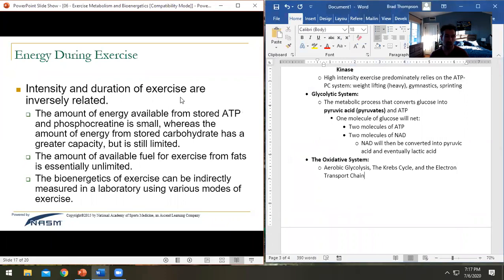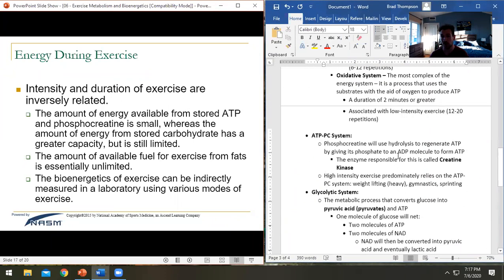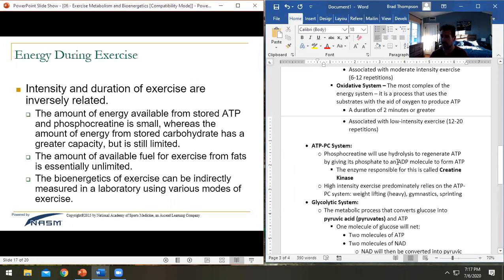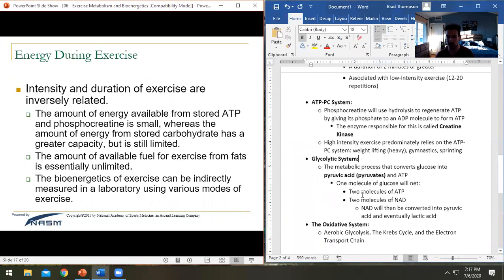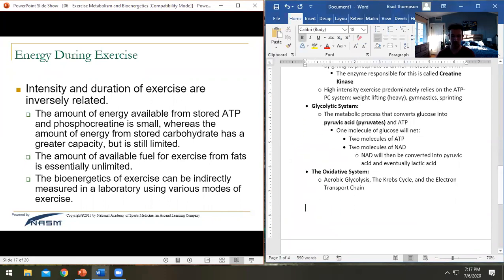So here are a few principles that we want to remember in general. These principles are going to be the key takeaways from this whole PowerPoint today. These are just some general principles of energy during exercise, the big things we want to remember. Your duration and intensity are inversely related.